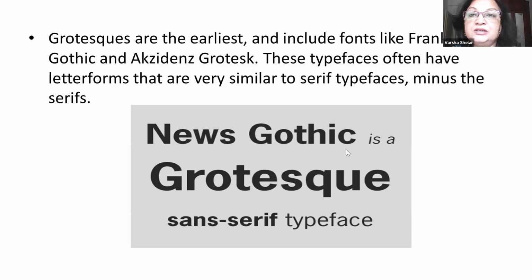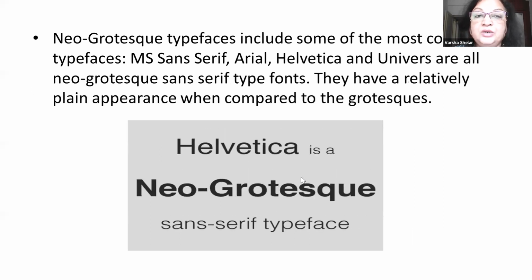Grotesque is considered to be the earliest sans-serif typeface. Even in these sans-serif typefaces there is slight variation, though you may not really notice it at a glance, but there is always a slight difference. Now see from this to this: Helvetica, new grotesque typefaces.